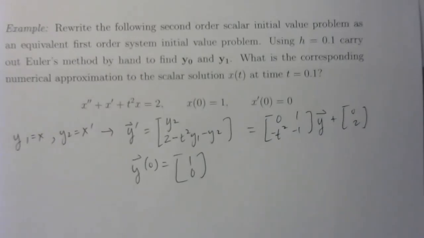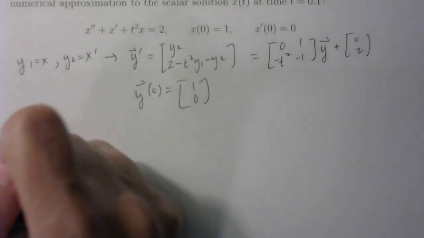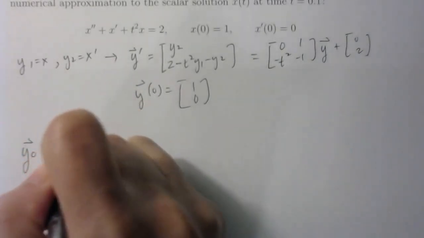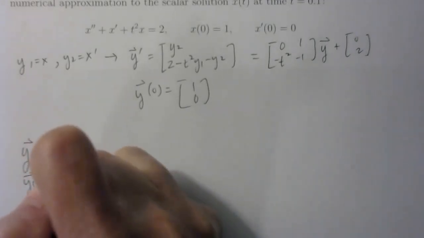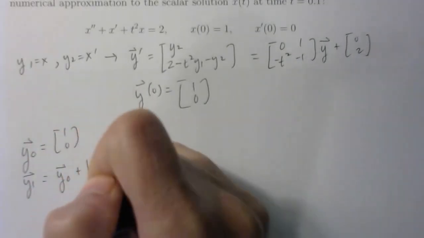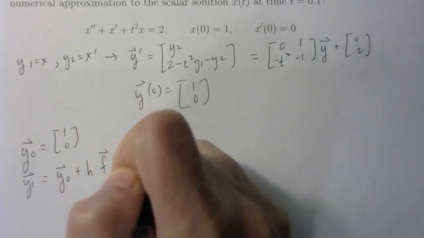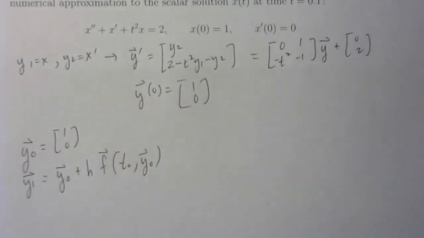Great. So we want to use the same formula that we just used to compute y1. y1 is just going to be y0 plus h times f at t0 and y0.